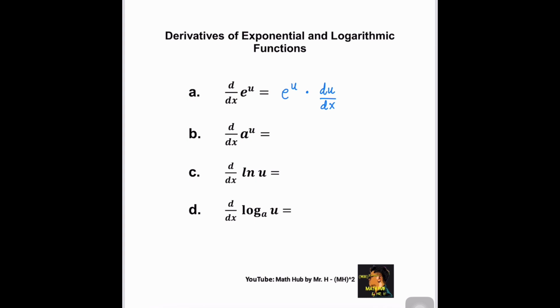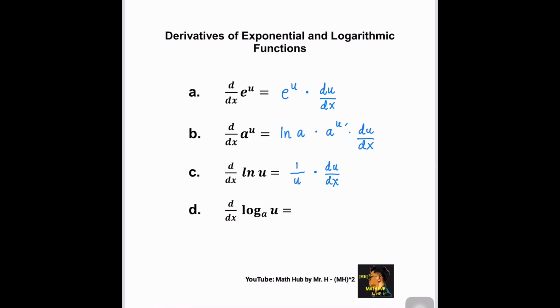For the second one, the derivative of a to the power of u will be equal to ln of a times a to the power of u times du over dx, or the derivative of the exponent of a. For the third one, we have d over dx of ln of u equal to 1 divided by u times du over dx.